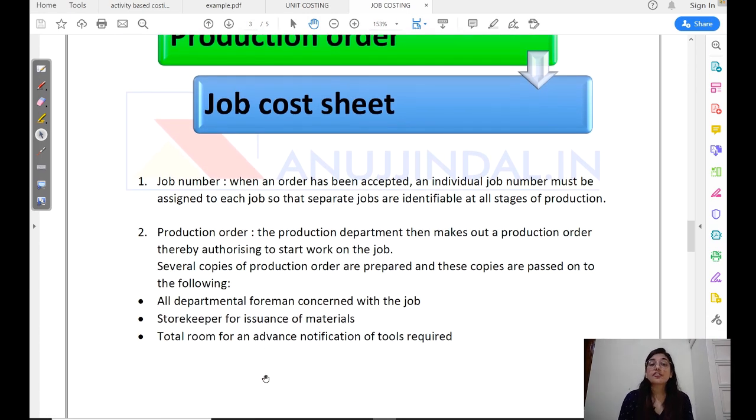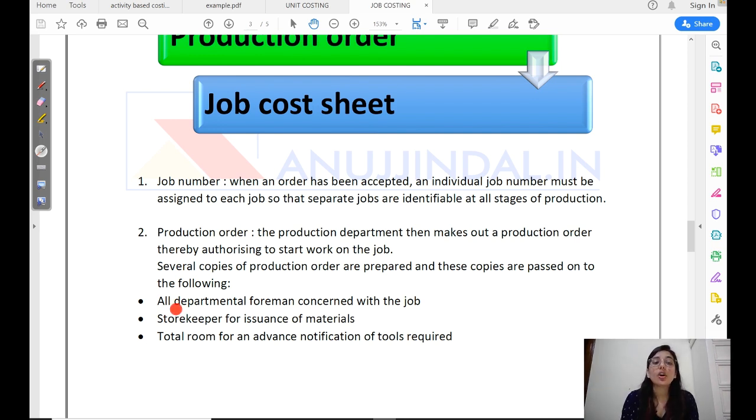Then a production order is prepared. Now after you have got an order, you need to start producing it, you need to start manufacturing it, right? So the production department makes this production order, and this order authorizes that work could start on that particular job order, right? The copies of this production order are prepared and sent to every person who is concerned with that job.